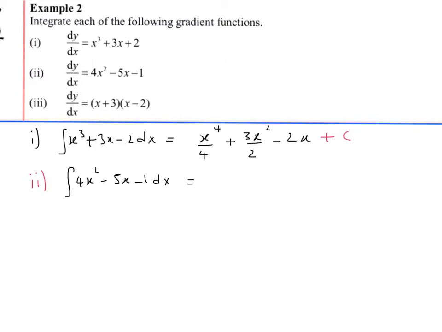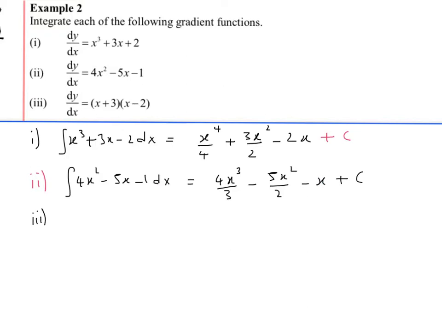And we raise the power by 1, divided by that raised power, raise the power by 1 again, divided by that raised power, and that minus 1 becomes x. One way to think about it is that with the minus 1, you've got x to the power 0 next to it, so when you raise it by the power 1, you get x to the 1, and then you've got obviously the plus c.